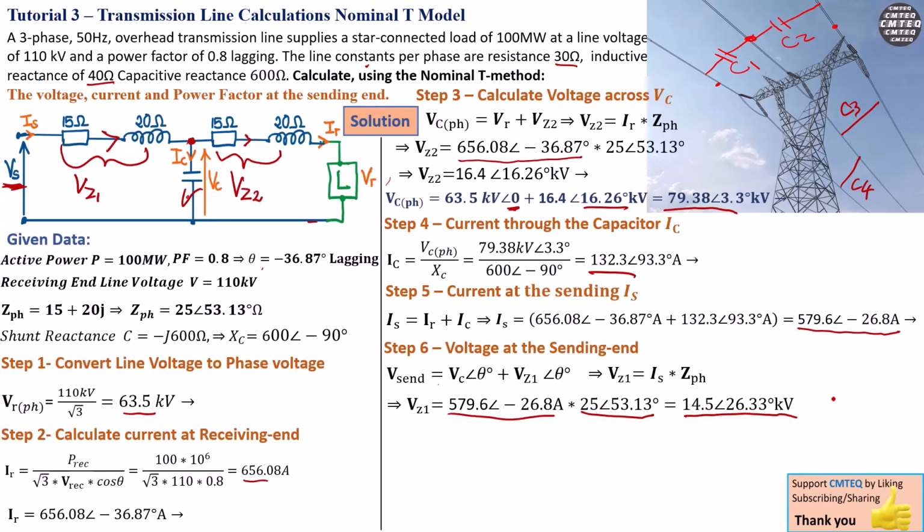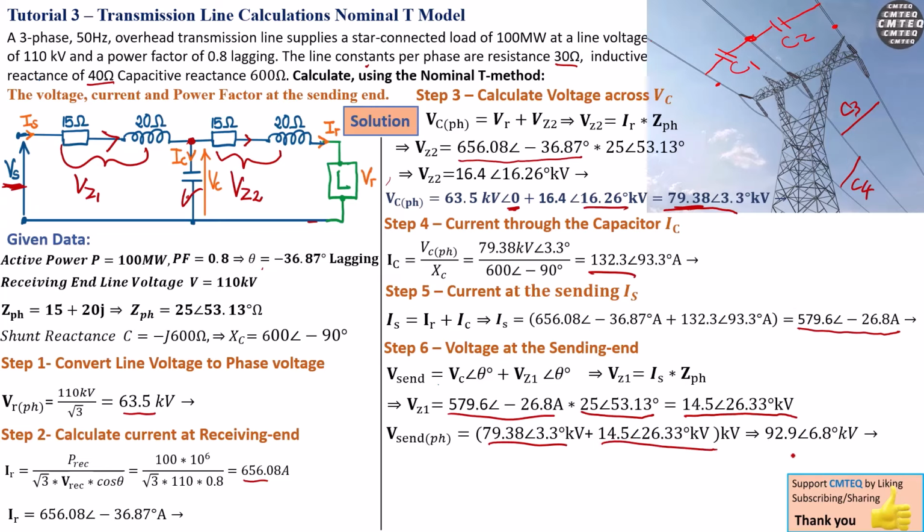Then we find VZ1 to be equal to 14.5 with an angle of 26.33 degrees kilovolt. From here we can calculate our Vsend by simply adding VZ1 plus the VC that we found here, 79.38.